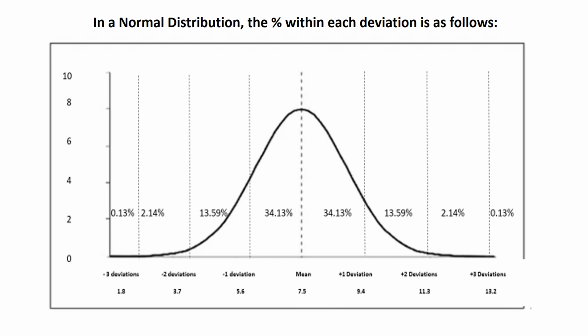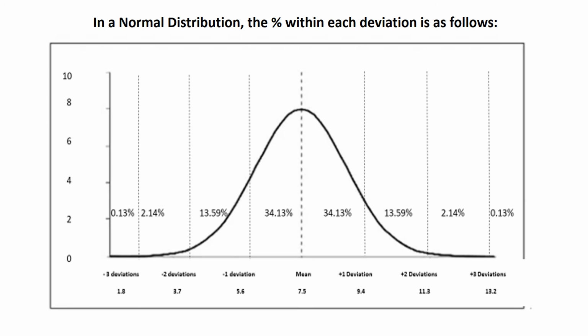In fact, if I add up, like I said, 68% fall between -1 and +1 deviation. If I add up from -2 to +2 deviations, 13.59 plus 34.13 plus 34.13 plus 13.59, that's 95%. So 95% fall between -2 and +2 deviations.